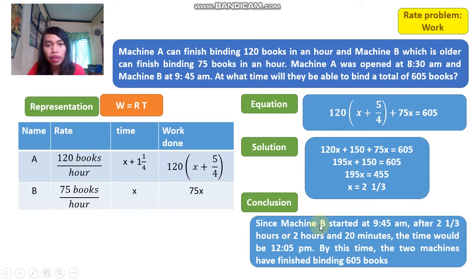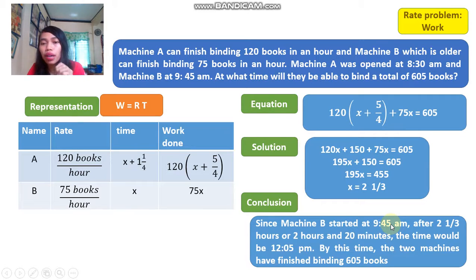Since machine B started at 9:45, and the duration of their work is 2 and 1/3 hours, that is equivalent to 2 hours and 20 minutes. So the time would be 12:05 p.m. From 9:45, then 10:45, then 11:45, 2 hours, plus 20 minutes more.